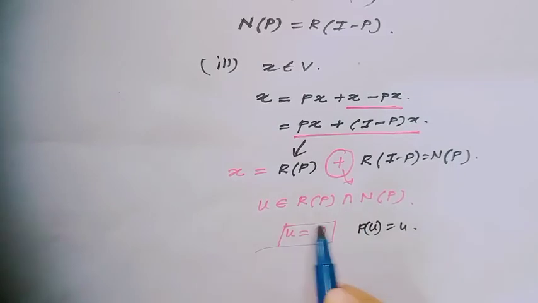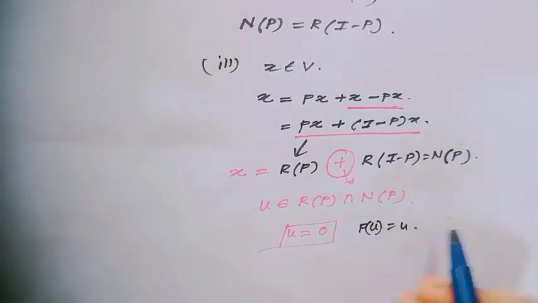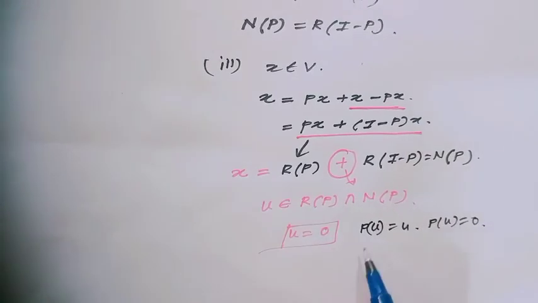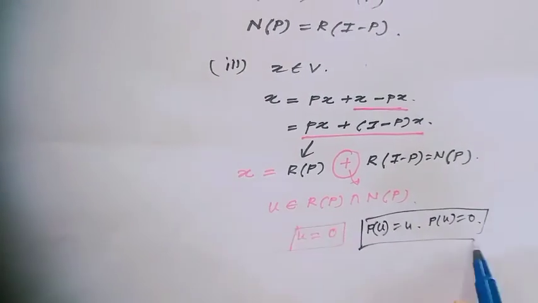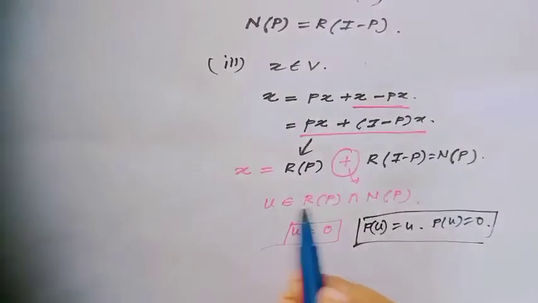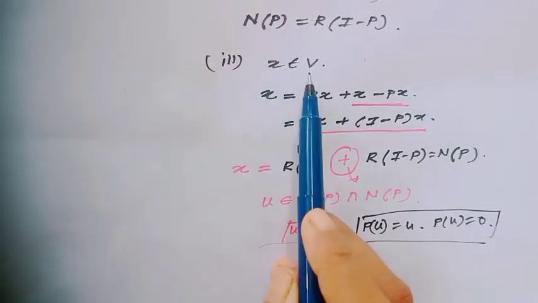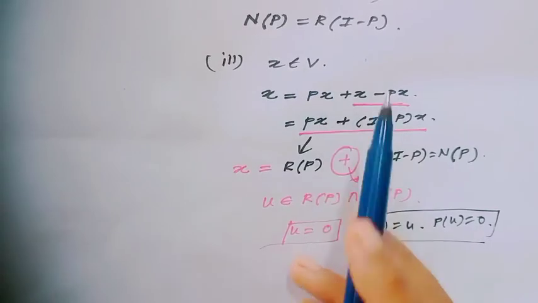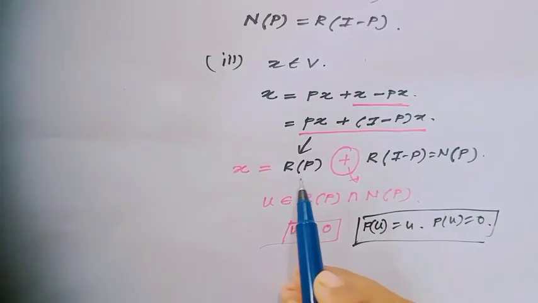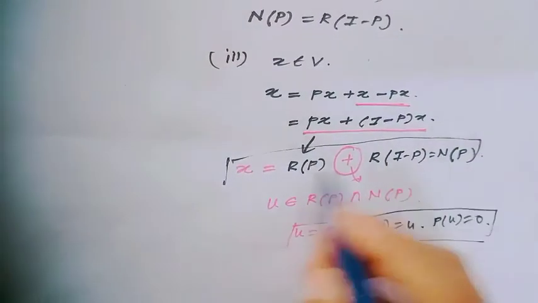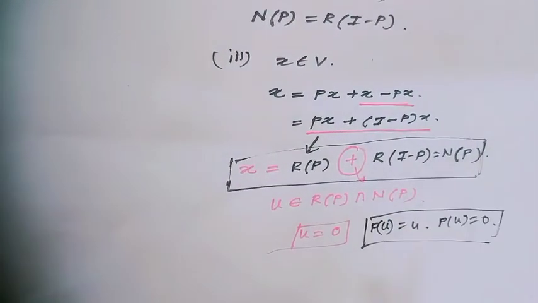Also, since u belongs to the null space of P, that means Pu equals 0. So this intersection is only 0, and our proof is done. Any arbitrary vector on the vector space is written as range space plus null space. Okay? Are you getting?